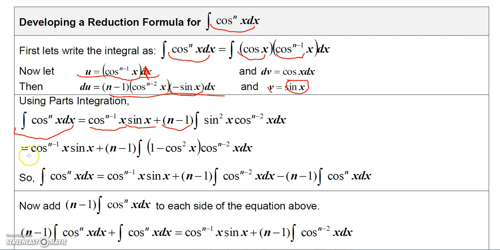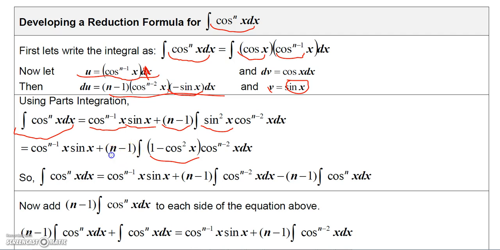So basically, I'm going to replace sine squared x here with 1 minus cosine squared x, and then when you distribute this, you're going to get really two integrals here.